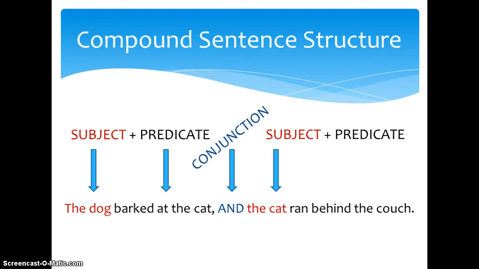Then another subject, the cat, plus a predicate, ran behind the couch. Notice also that we use a comma before our conjunction. So here we have our structure, a subject plus a predicate with a conjunction and then another subject plus a predicate.